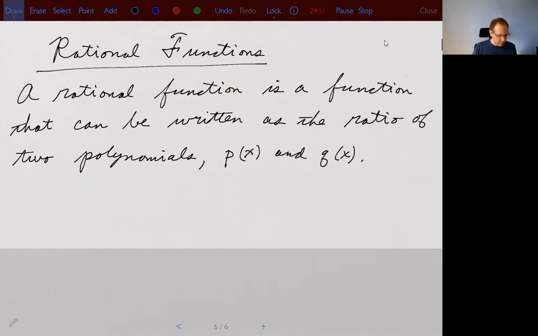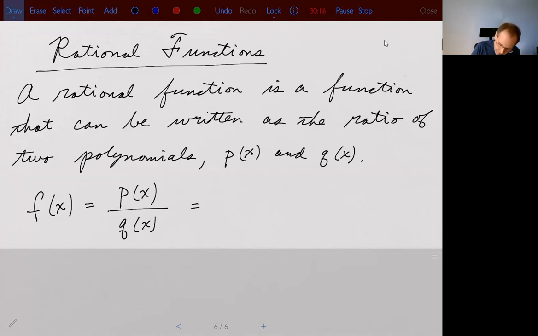So in other words, I can write a rational function like this: f of x equals p of x divided by q of x, where these are just polynomials. Let me do it in the most general way possible.